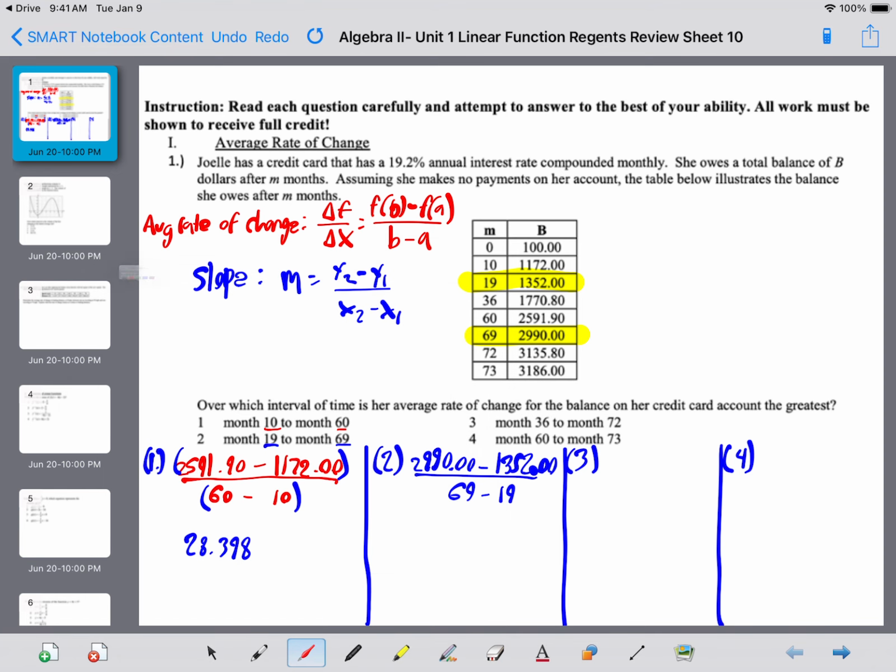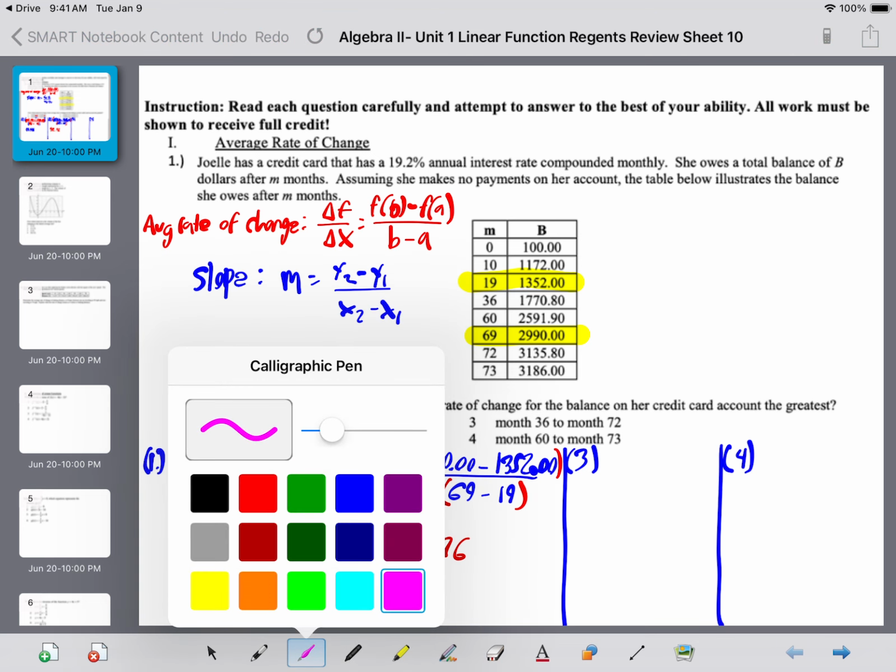If you're putting the whole thing in your calculator, make sure your entire numerator and entire denominator are encapsulated in parentheses. You get 32.76.